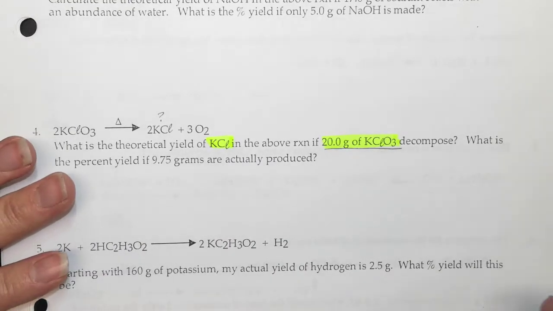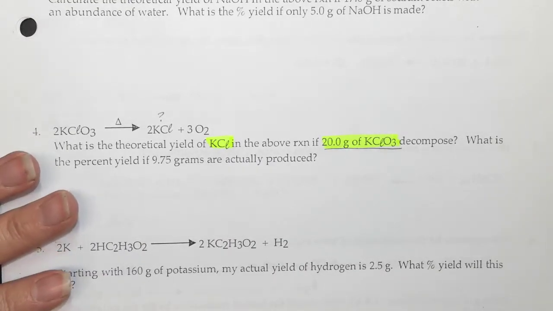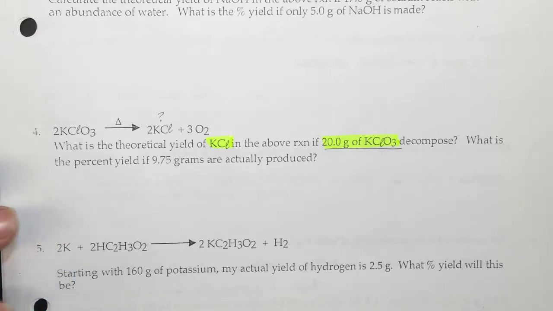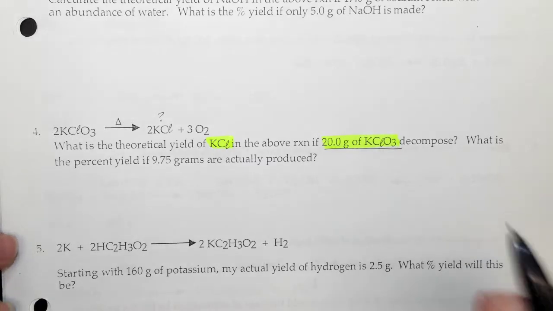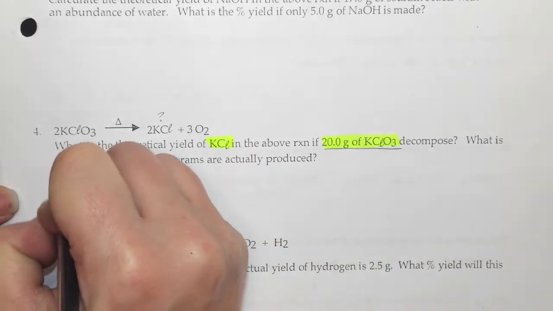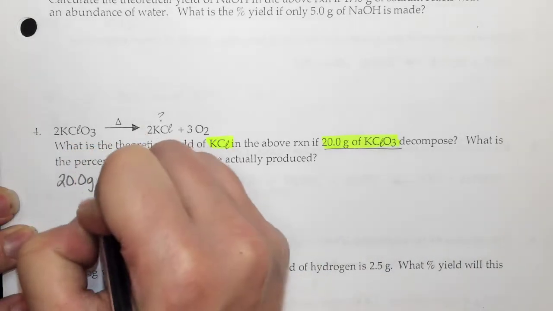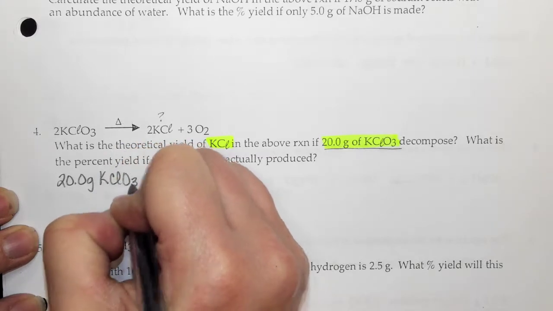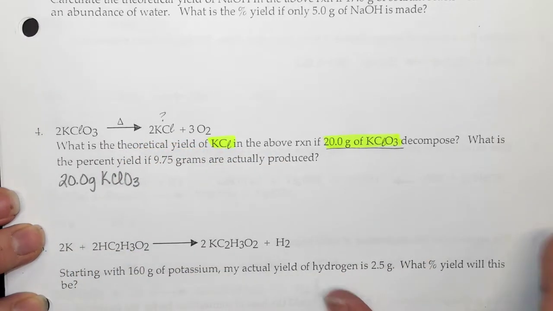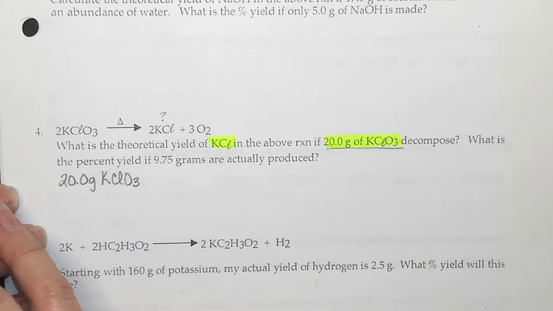Is the equation balanced as written? Yes. So I don't have to do any balancing. I start by writing down what I'm given: 20 grams of KClO3. And I want to find the theoretical yield of KCl.